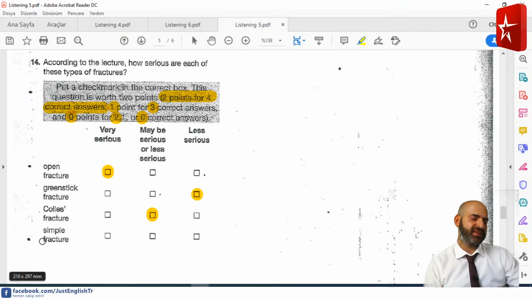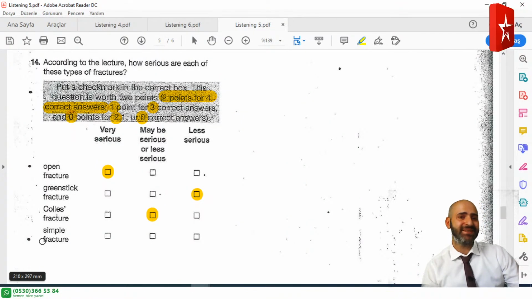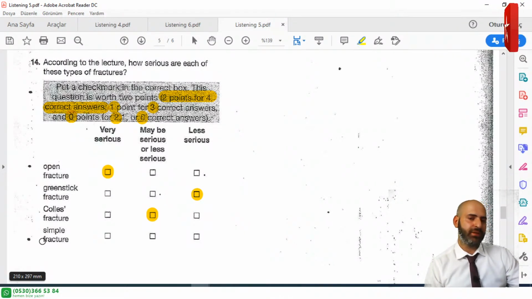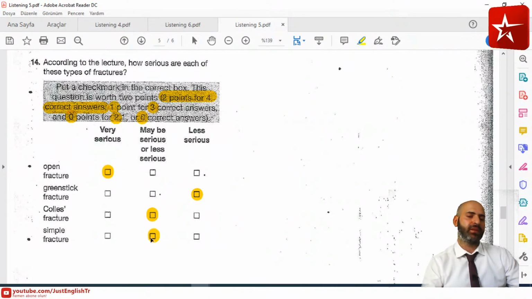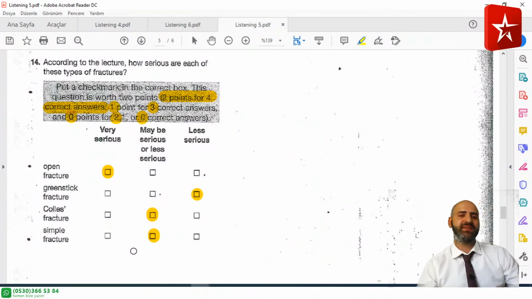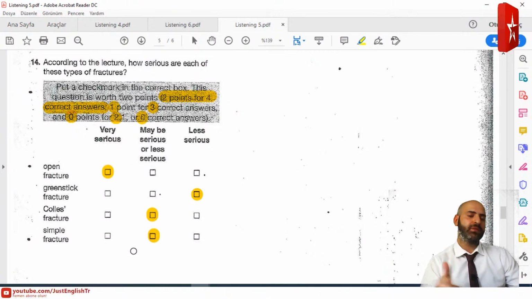Professor said two sentences about simple fractures. First, he said simple fractures are not serious, but in some cases they can be. So, therefore, we should choose the answer maybe. It's better to choose maybe serious or less serious, because not 100% of simple fractures are less serious.